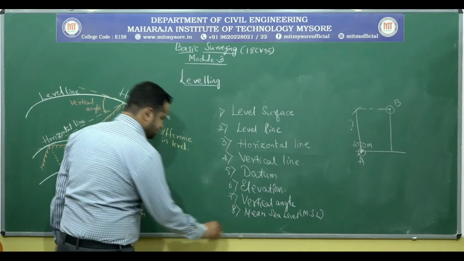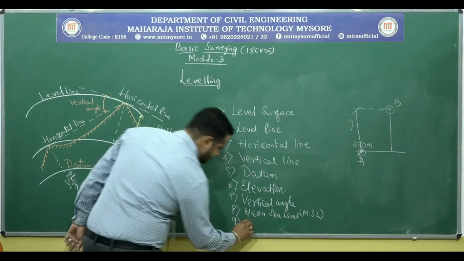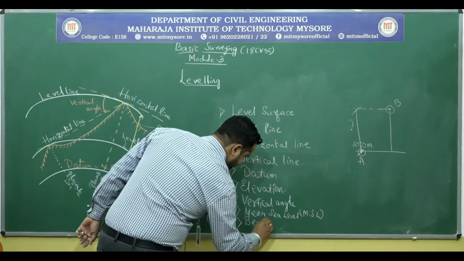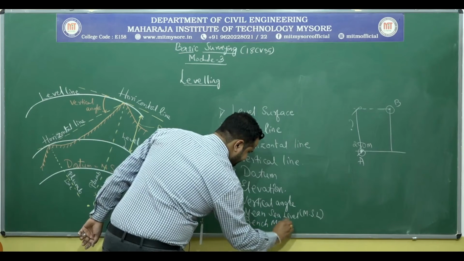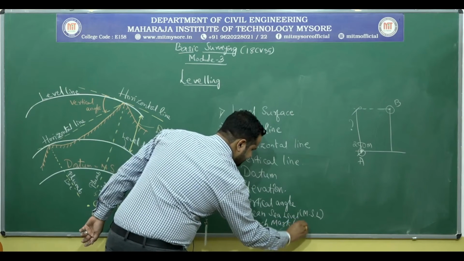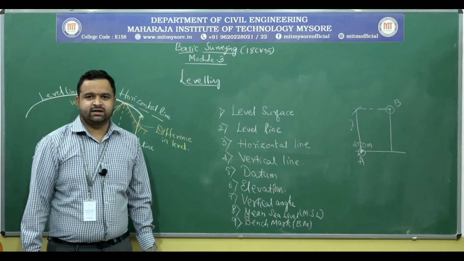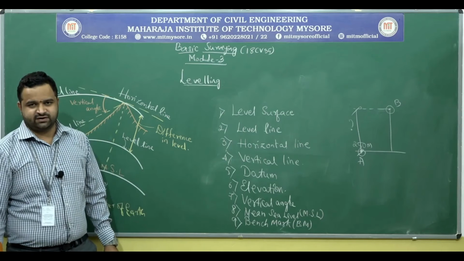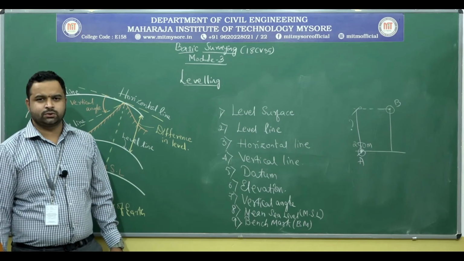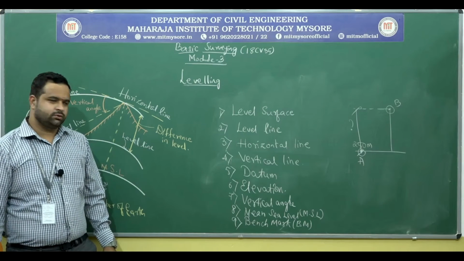And the next term is benchmark, or we can also say BM. What is a benchmark? A benchmark is a relatively permanent point of reference whose elevation with respect to some assumed datum is known.